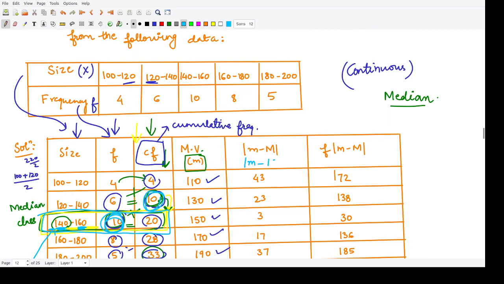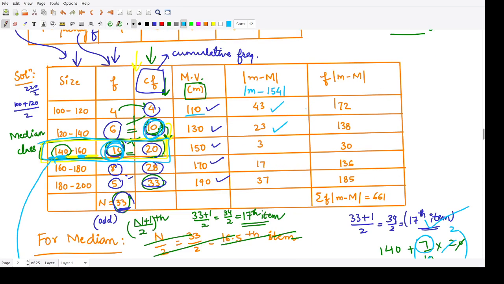Median obtained is 154. So we subtract 110 minus 154 and take its modulus, that is 43, then 130 minus 154 modulus 23 and so on.